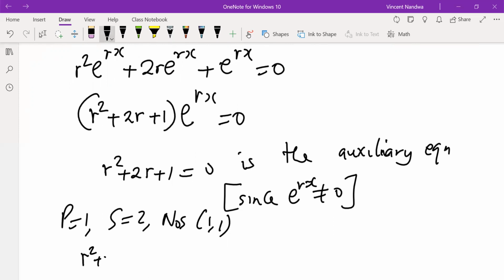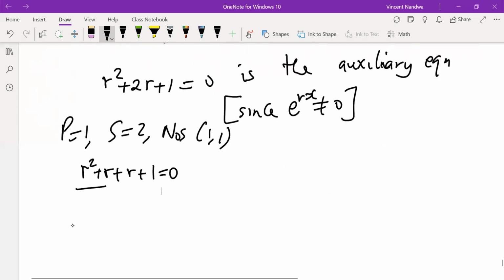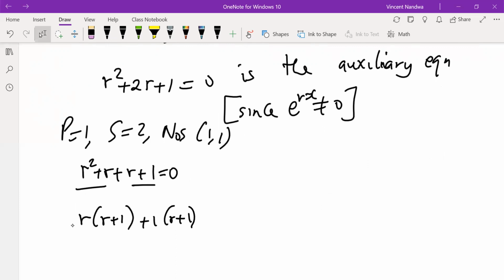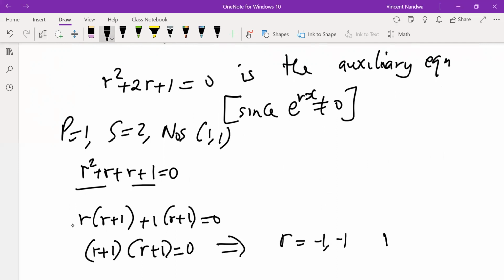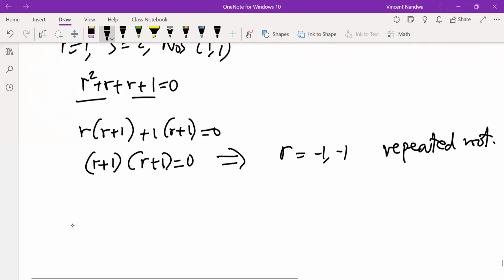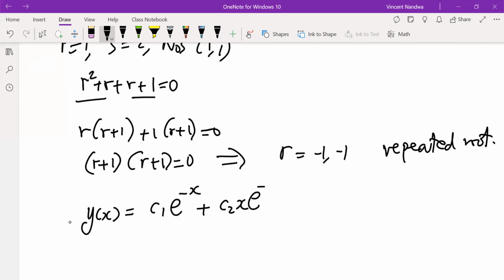So we have r squared plus r plus r plus 1 equals 0. So r into r plus 1 plus 1 into r plus 1 equals 0. So r plus 1 equals 0, so r equals -1, -1. Repeated root. So the solution is y of x equals c1 e raised to the power -x plus c2 x e raised to the power -x.